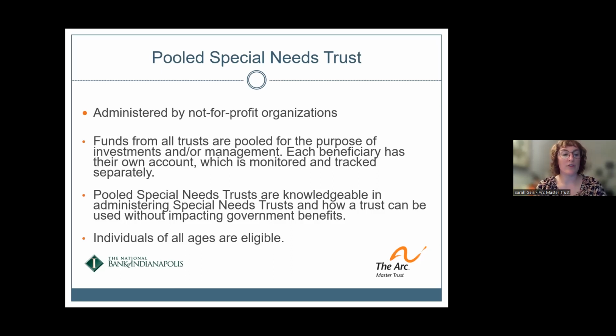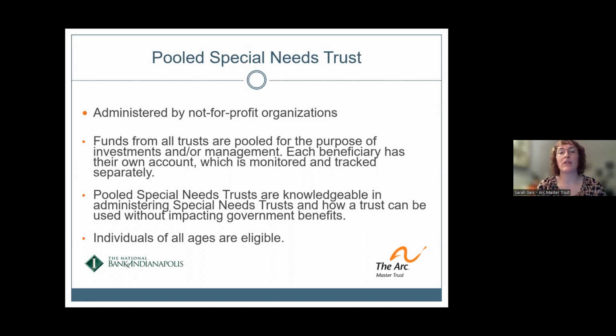For the ARC Master Trust, we are a pooled trust organization, so all of our beneficiaries follow the same pooled investment strategy. And over the last 10 years, our annual return on investment for our beneficiaries has been about 7%. So all of those market gains, interest, and dividends go back to the beneficiaries' trusts.